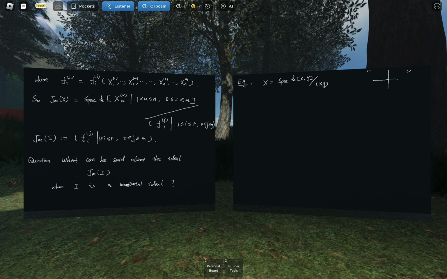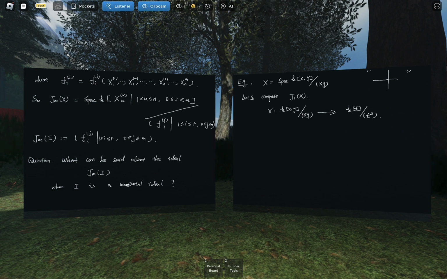Now let's compute the first jets of this variety. So by definition, one-jets will be a K-algebra homomorphism from here to this ring.